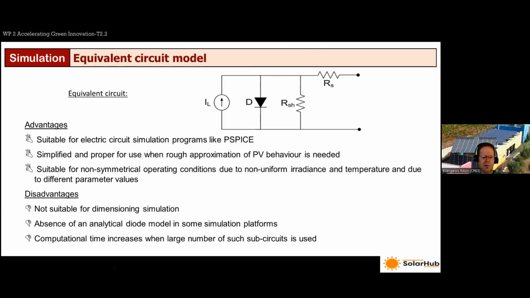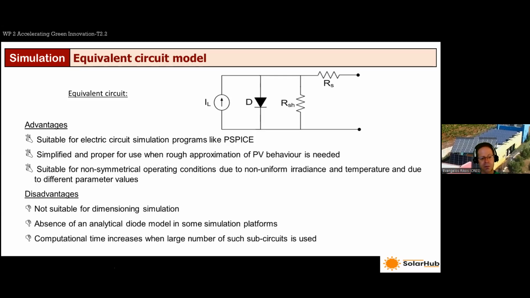Another advantage of this approach is that it is very simple, and when just a rough approximation of the photovoltaic behavior is needed, it's the best way to go. And when you don't have to study asymmetrical operating conditions and you have a uniform system, it is also very good. I mean, you can use just one model like this to emulate the entire photovoltaic structure.